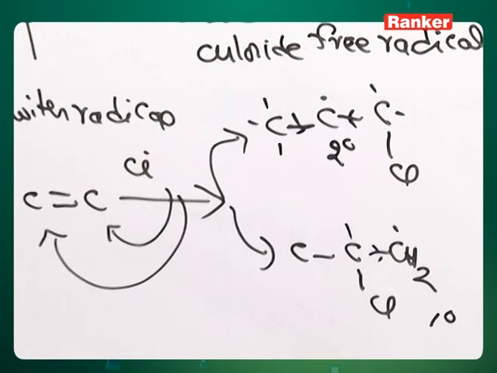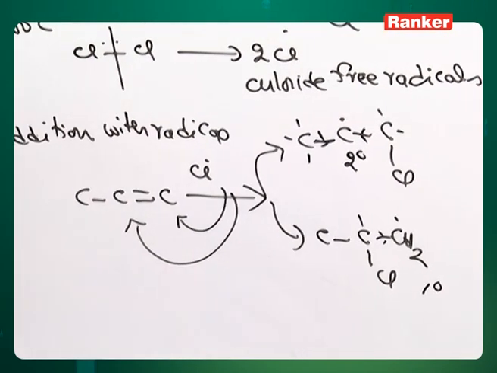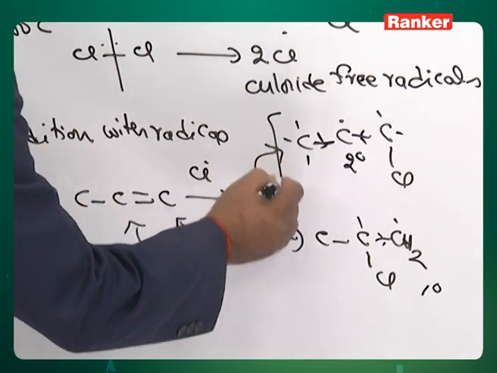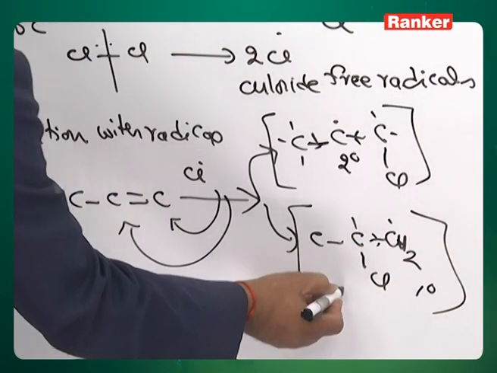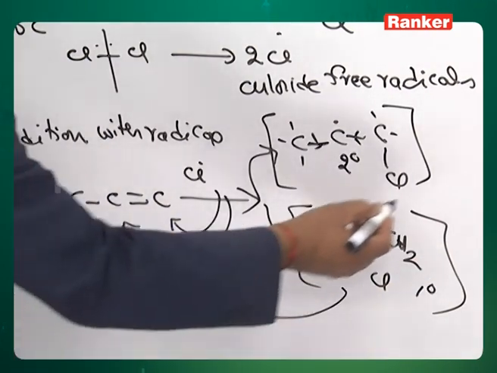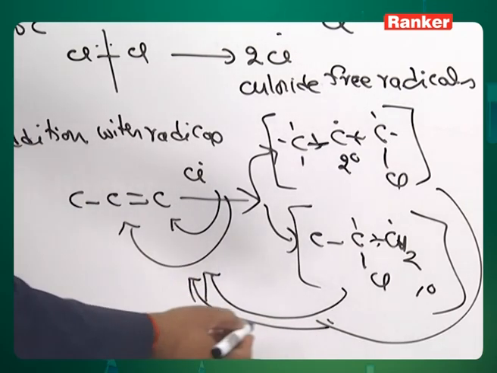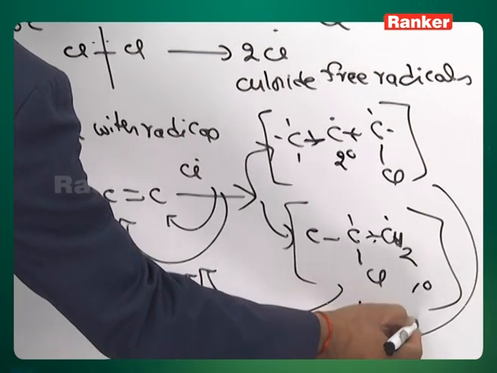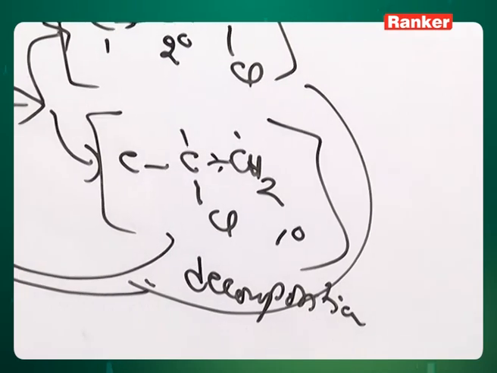But the condition is that we are doing this reaction at 500 degrees. Therefore, if addition takes place, the intermediates formed are not that stable. Both intermediates will give back the original one. They give it back by a process called decomposition, or they break up.